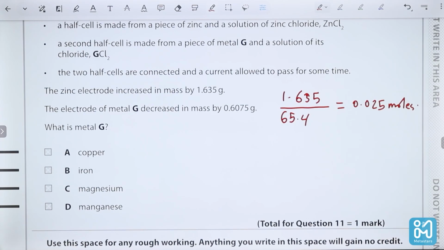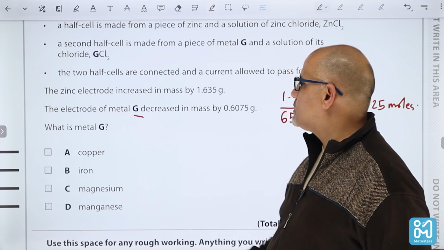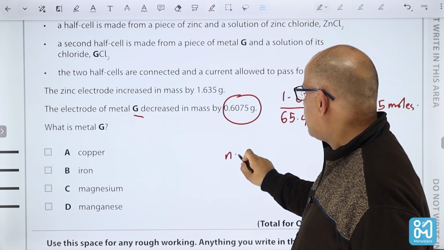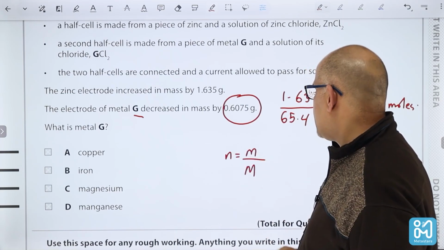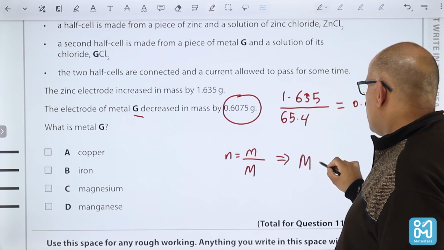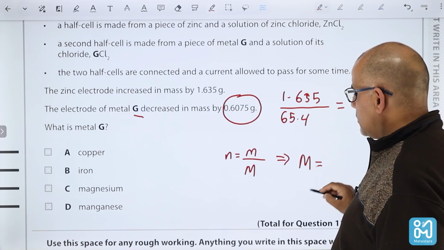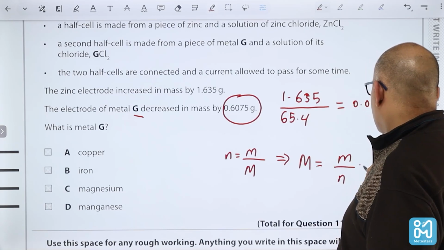These 0.025 moles are the same for G, and he gave us the mass. The number of moles equals the mass over the molar mass, so the molar mass equals the mass over the number of moles.